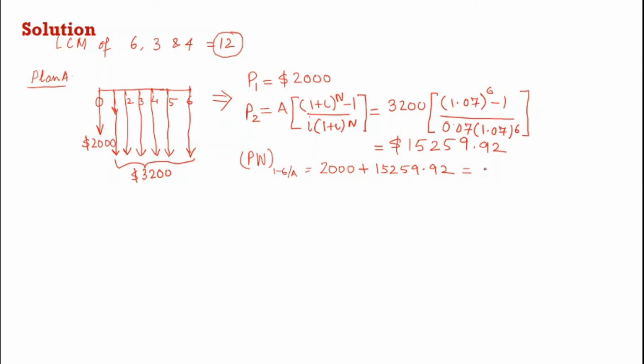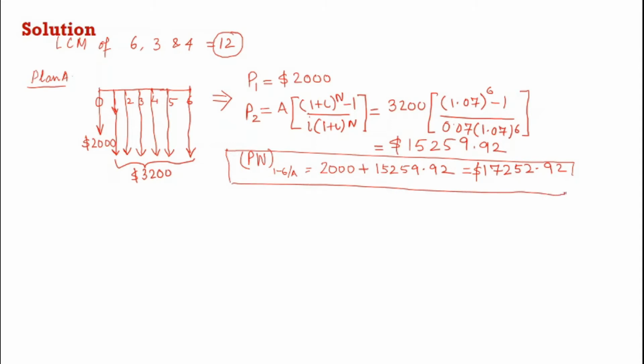So if I find out, this comes out to be 17252.92, of course, dollars. So this, what I have calculated, is the present worth of plan A for 6 years. So this will be the present value of the plan if the studying period or the economic life is 6 years. So just keep this thing in a box, we will be using it later.